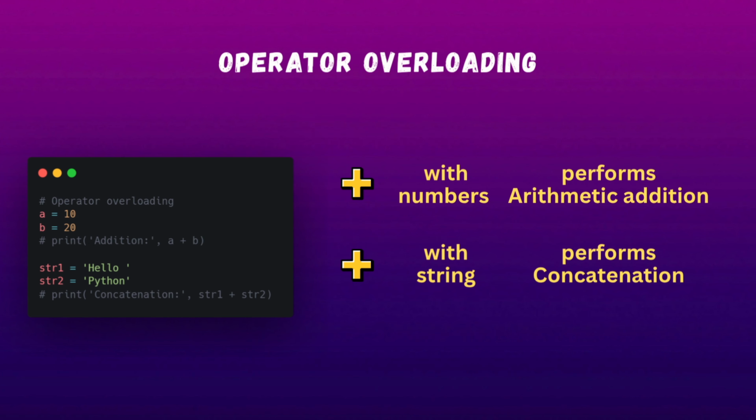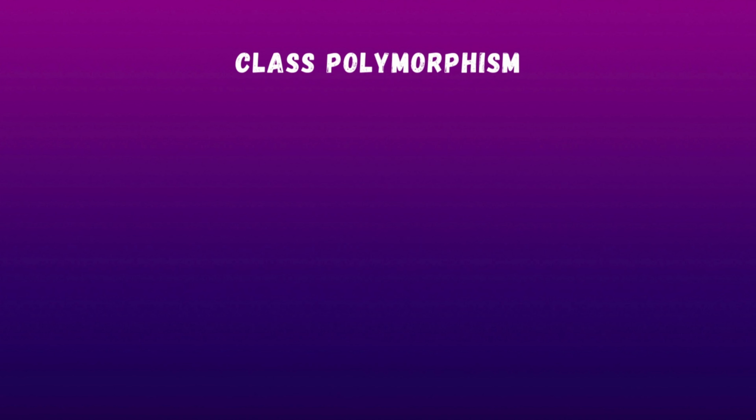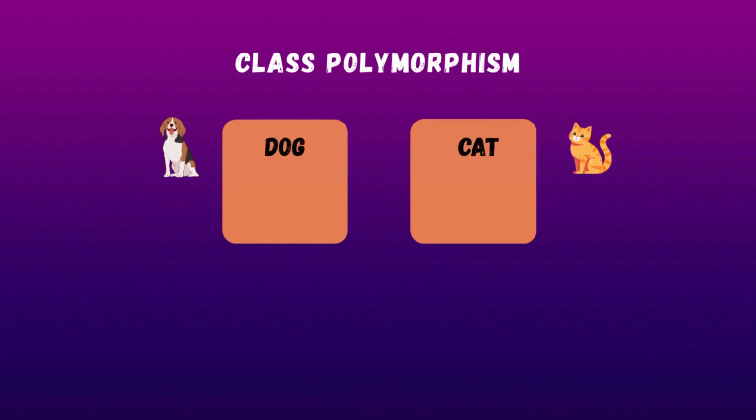Now that we have seen operator overloading, let's move on to class polymorphism, which works a bit differently. Class polymorphism refers to the ability of different classes to have methods with the same name but implement the method differently. Let's see an example.